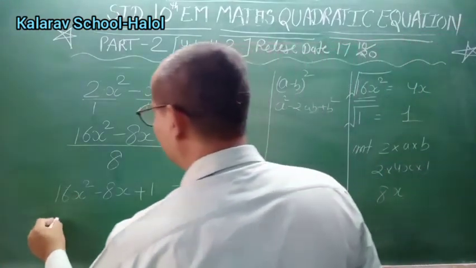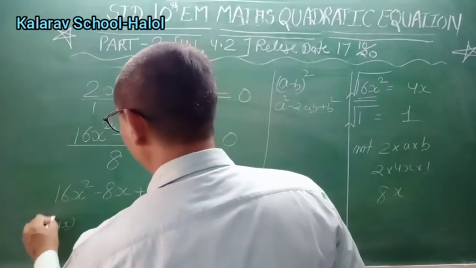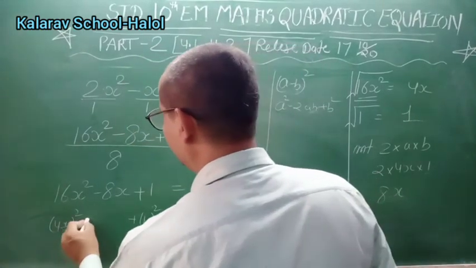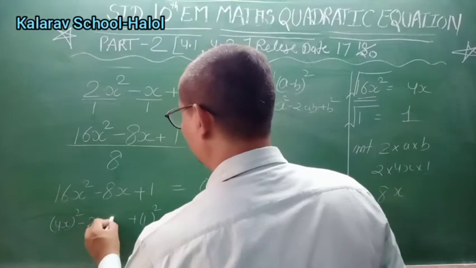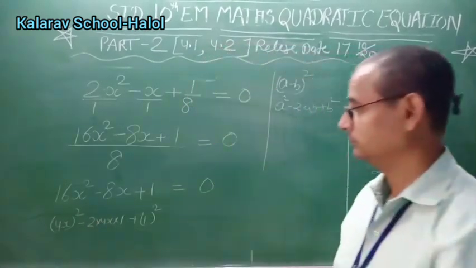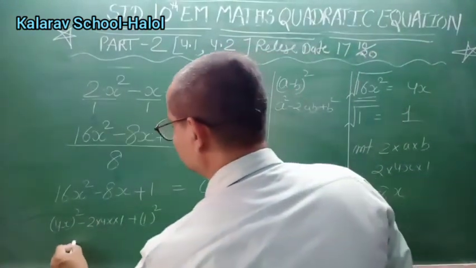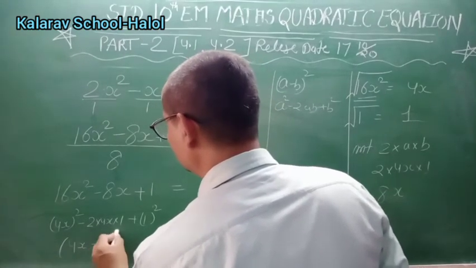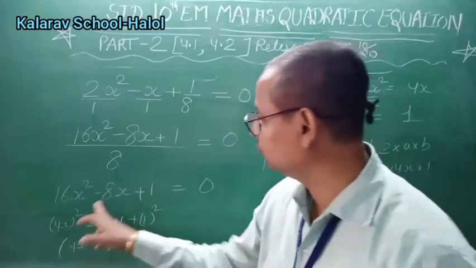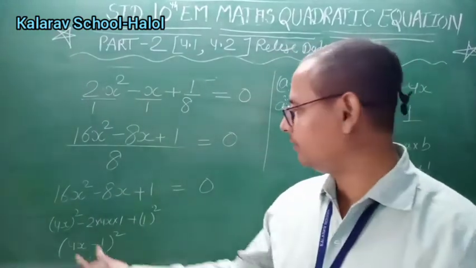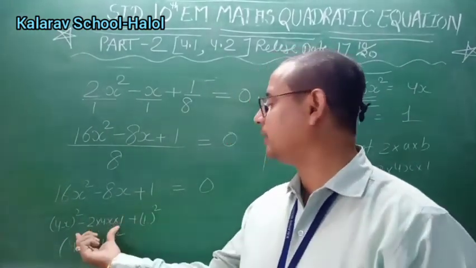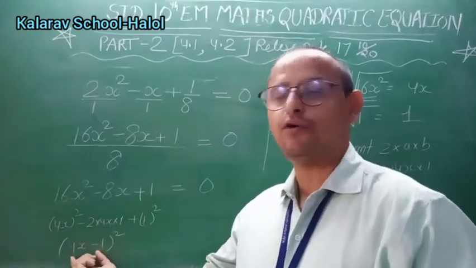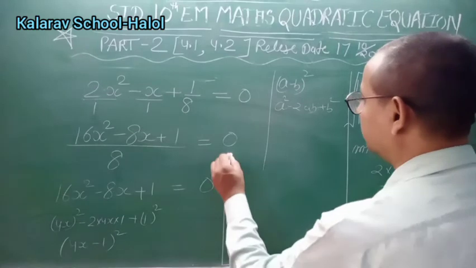So here we can write 4x का whole square plus 1 का whole square and middle term is 2 into 4x into 1. इसका मतलब 4x minus 1 का whole square, if you will expand this you will get this. बराबर, फर्स्ट टर्म और लास्ट टर्म, ये मत पूछना मिडिल टर्म किधर गया, इसका ये जो है फैक्टराइज फॉर्म.